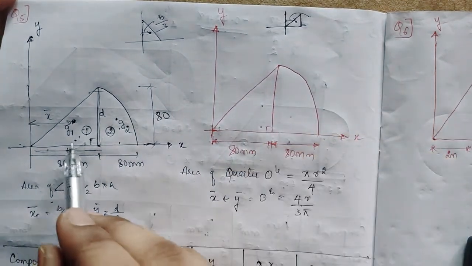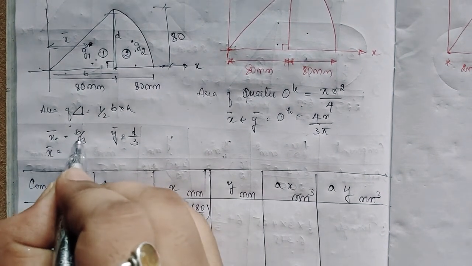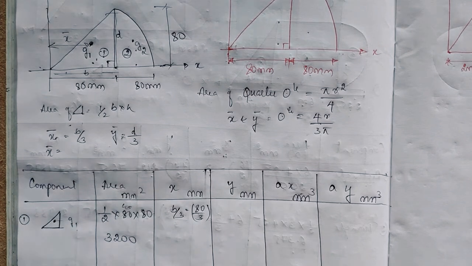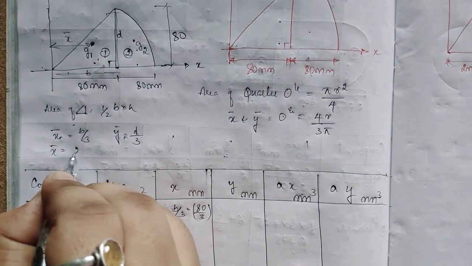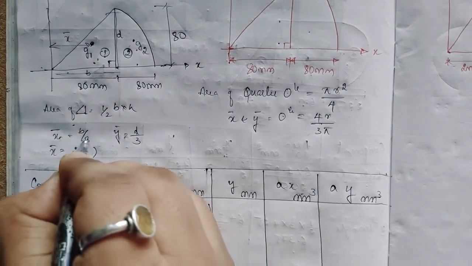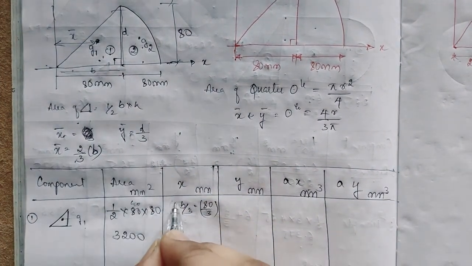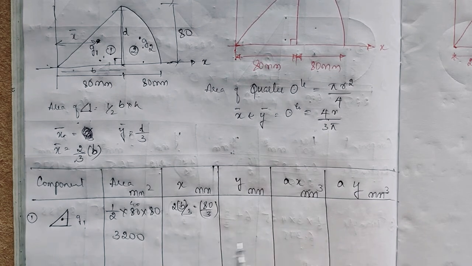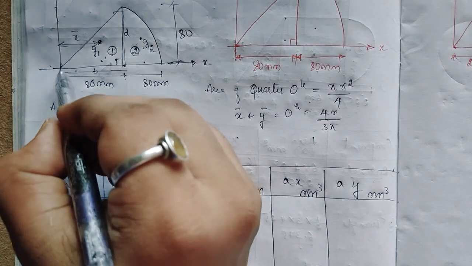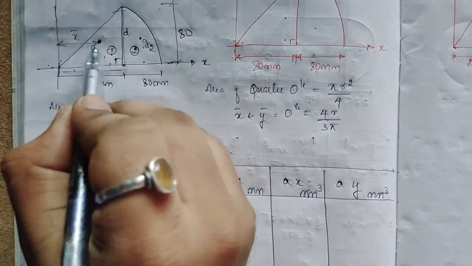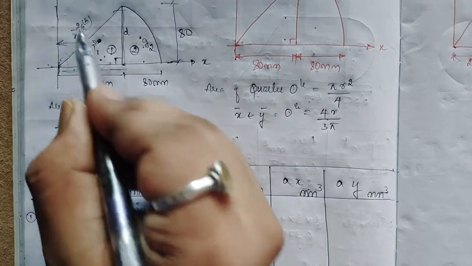So x bar will be 1 minus b by 3, that is 2 by 3 into b. The value of x will be 2 by 3 into b. Why? Because the reference axis is here, so from here the distance will be from the apex. From the apex the distance will always be 2 by 3 into b.